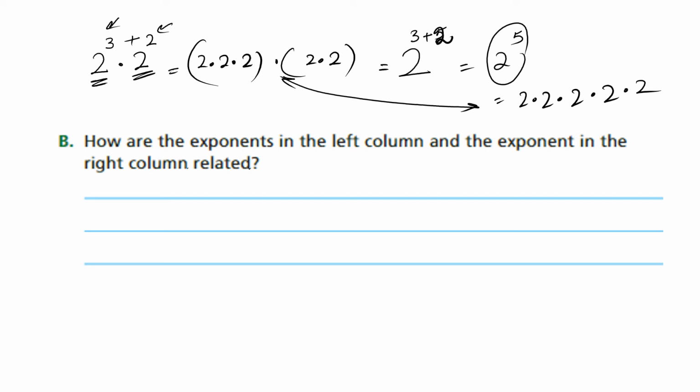Yes, you can say that the sum of the exponents in the left column equals the exponent in the right column.